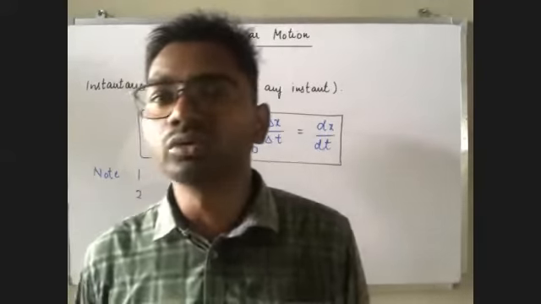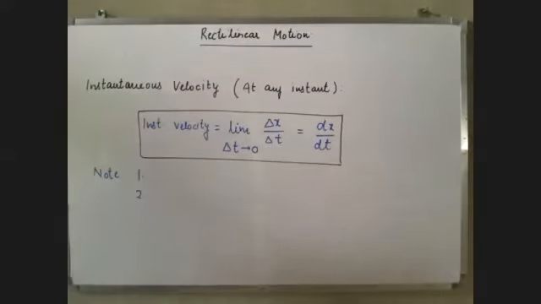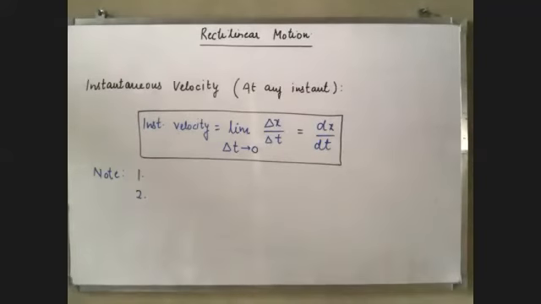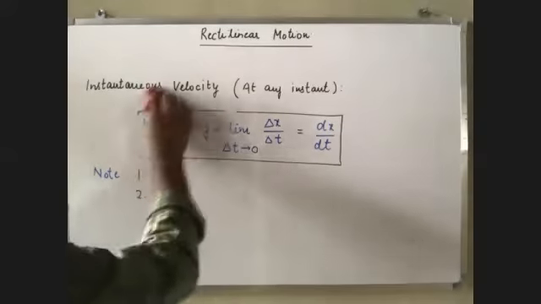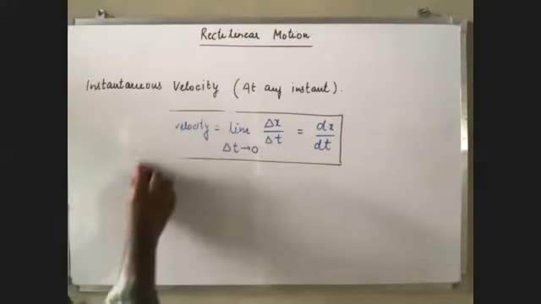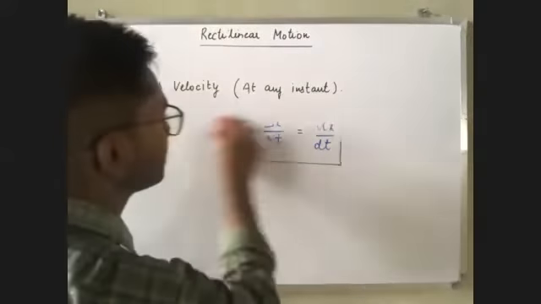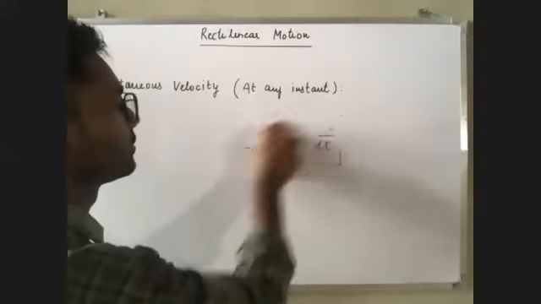Okay. Now the next is average speed. Till now we were talking about velocities, which are vector quantities. Now we are talking about speed.